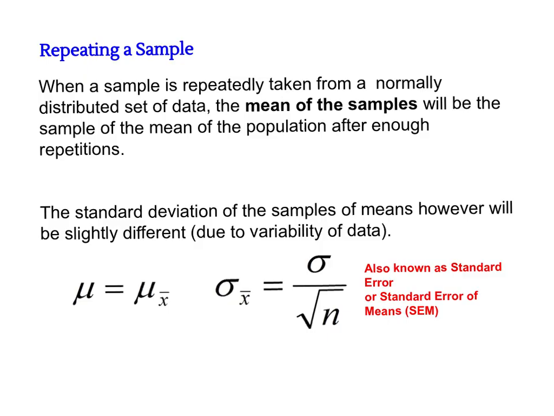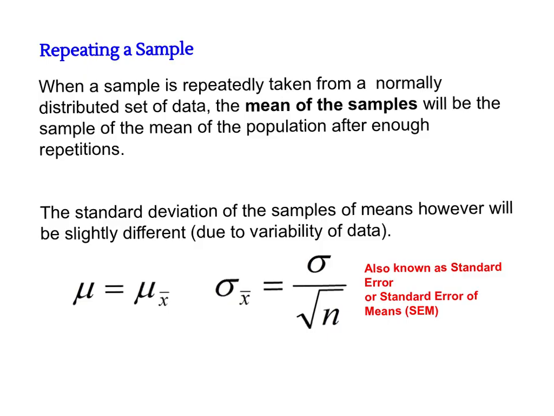The standard deviation of samples will be slightly different because of variability of the data. Just like when we take the standard deviation of a sample, we make sure that we use n minus 1 because the standard deviation tends to get overestimated in samples versus the population.